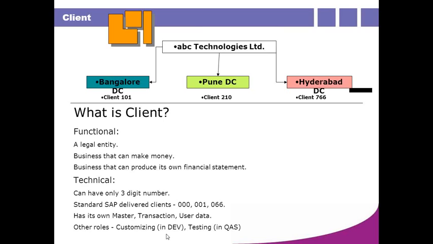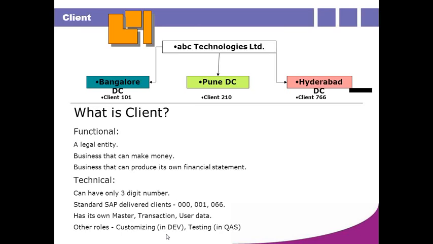000 we can call it as a standard, default or golden client, which is having all the default things given by SAP. So that's why we don't want to disturb them. And also 000, I never liked that number probably.